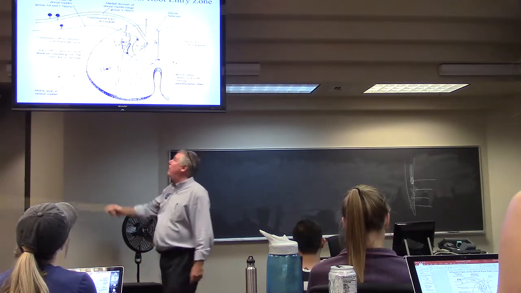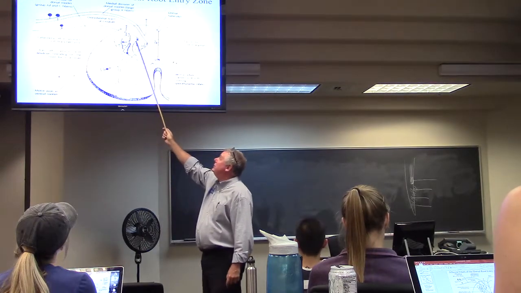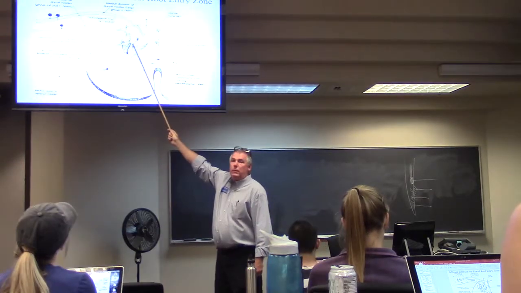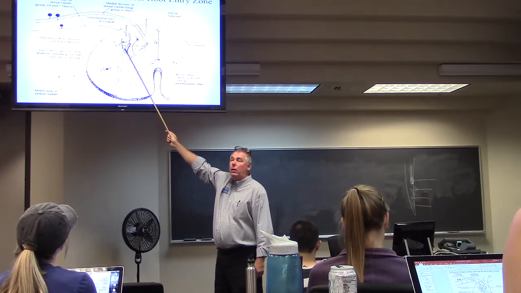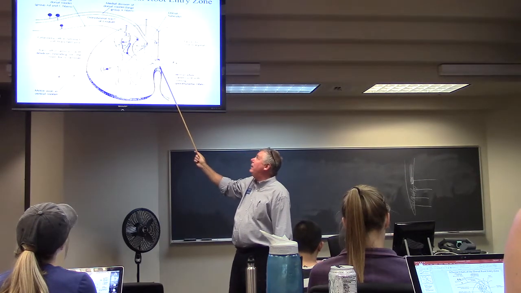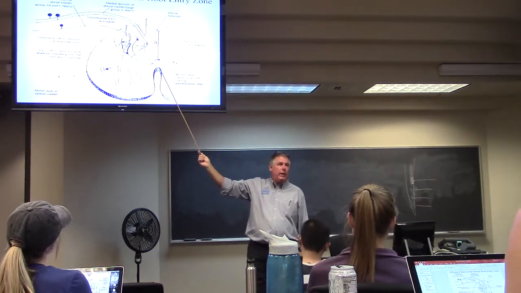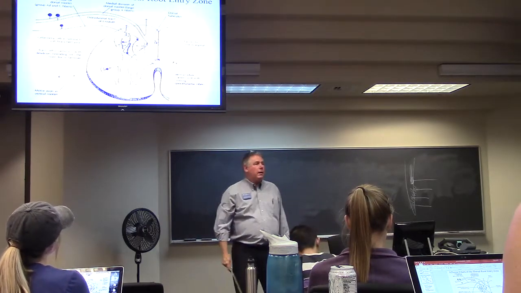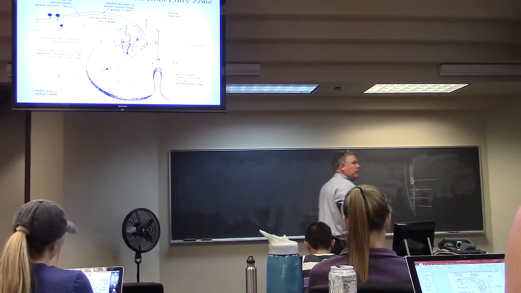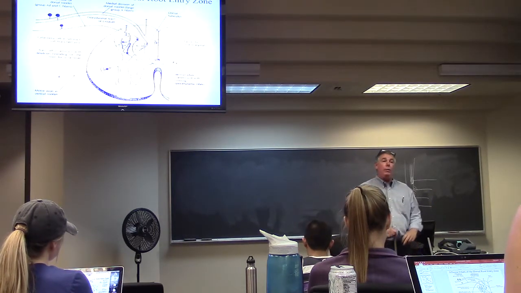If we look at the spinothalamic tract, these come in and synapse in the substantia gelatinosa. The second order cell crosses the midline in front of the central canal to go to the spinothalamic tract on the other side. So they go up the spinothalamic tract on the opposite side.